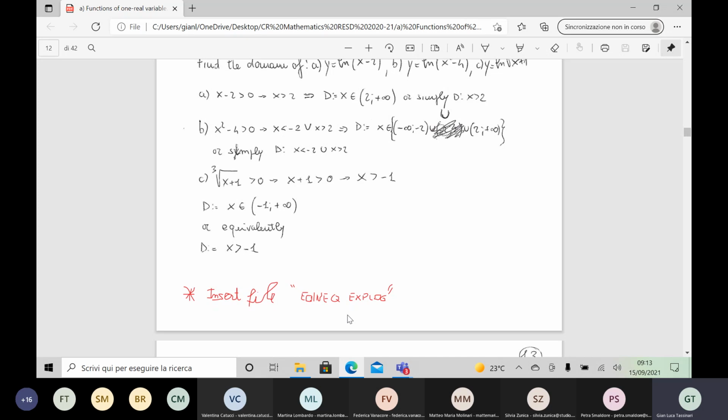So we are going to do a short review of equations and inequalities of exponential and logarithmic type. You have this folder because I gave you only this one for the moment.